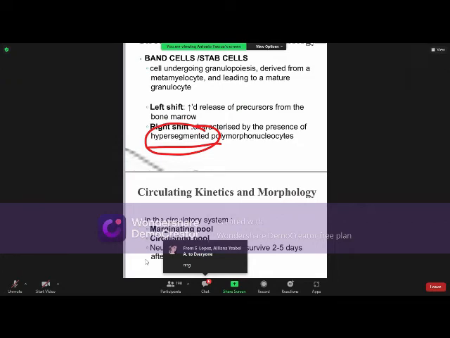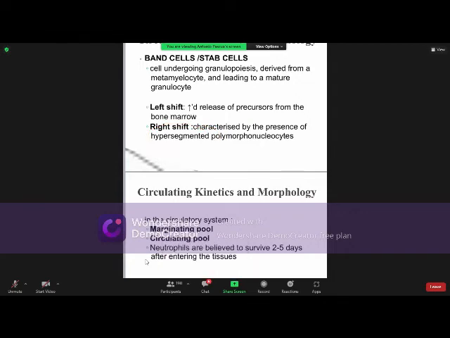Kaya, pag sinabi niyong megaloblastic state, tandaan na, it's not only dealing with RBCs. When you say megaloblastic anemia, yes, that is focused with RBC, but it does not mean that in megaloblastic state, only red cells are affected. If you will try to analyze it, even your platelets are affected. Bakit?